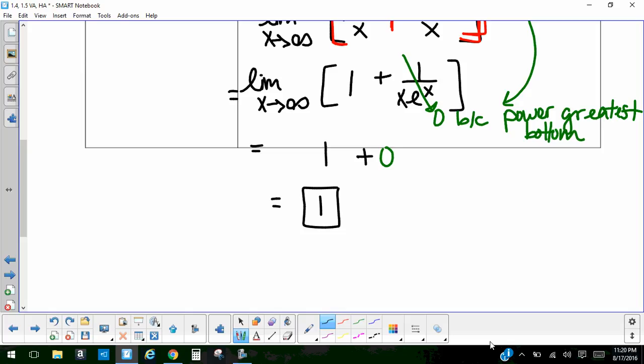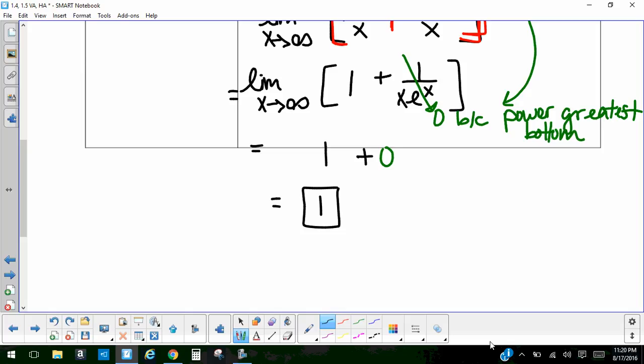So you're going to see it both ways. Sometimes the question is just going to say, find this limit. And you're going to have to know that if x approaches infinity or negative infinity, I'm really supposed to think through the degrees and decide on my horizontal asymptotes. They're just not telling me that. Then some other times they're going to say, hey, I want you to find the horizontal asymptotes.